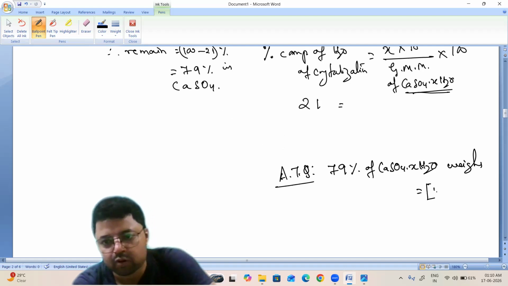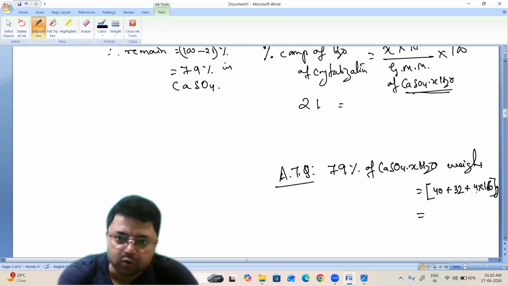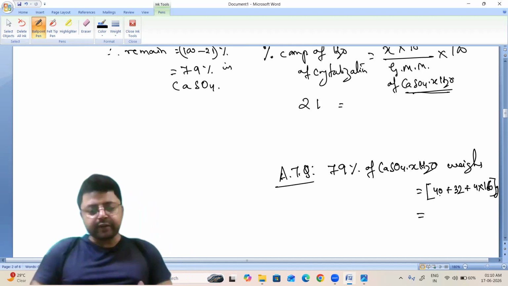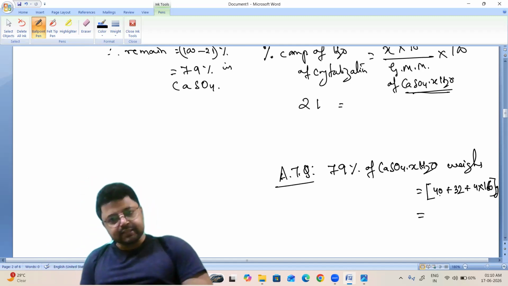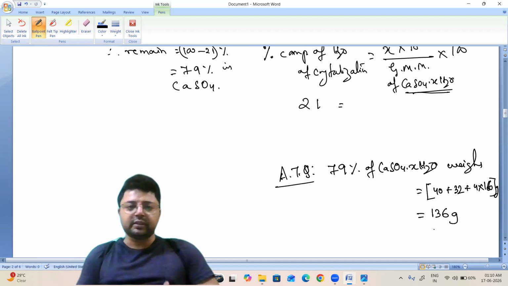Ca is 40, sulfur is 32, and this is 4 times 16. So 4 times 16 is 64. 64 plus 40 is 104. 104 plus 32 is 136. So 79% weighs 136 grams.